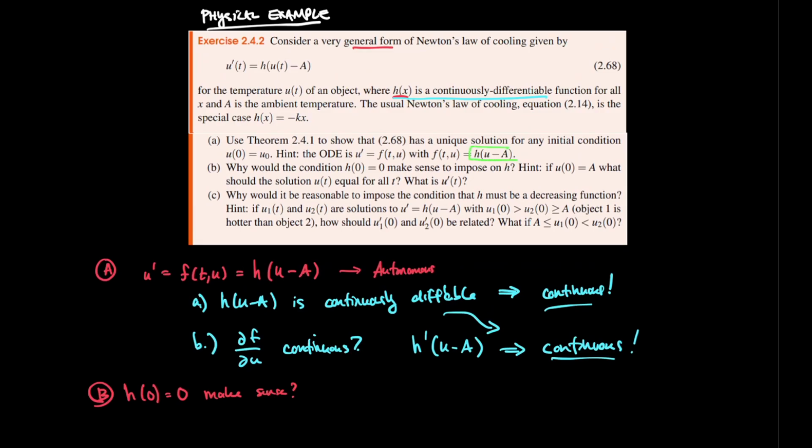So you have to look at this here. Right hand side being h of u minus a. If this equals 0, if h of 0 equals 0, that tells us that h of some particular u minus a equals 0.